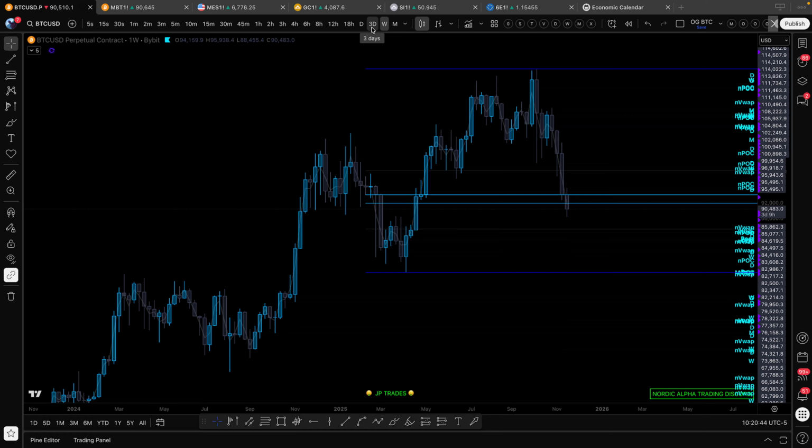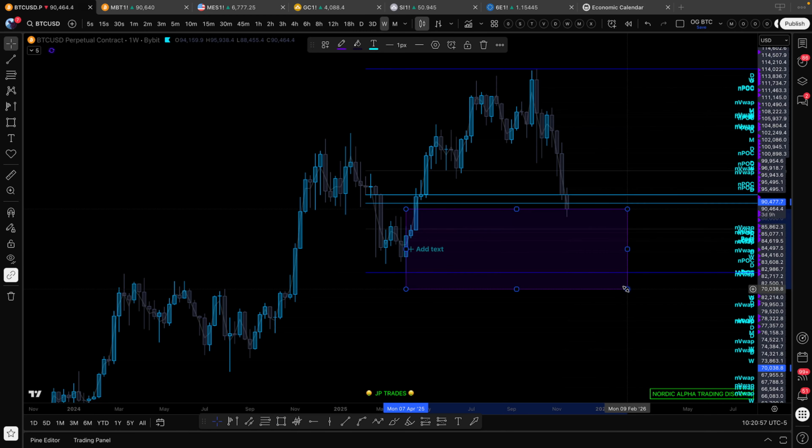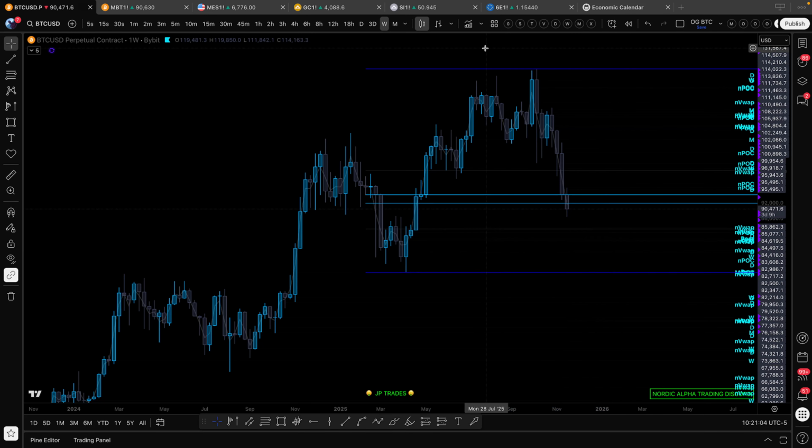Let's create some scenarios. Obviously, we're going to be looking for a long somewhere where we are currently. This entire range would be a very nice place to look for a long.